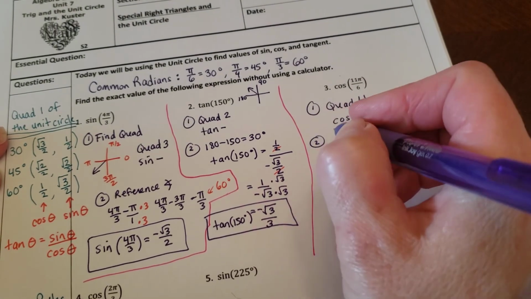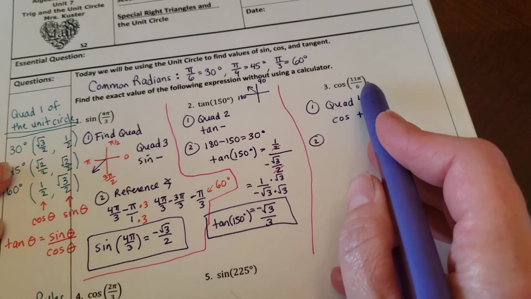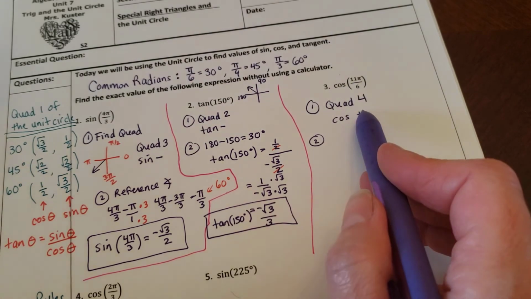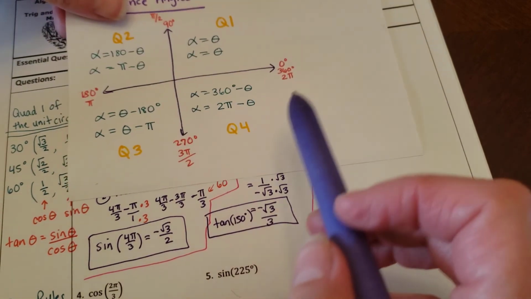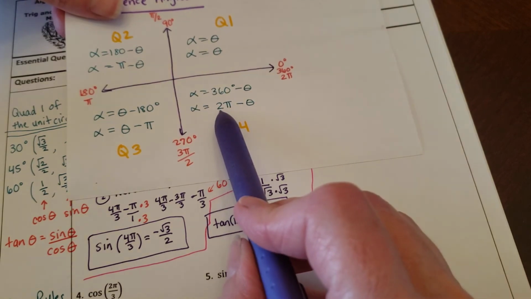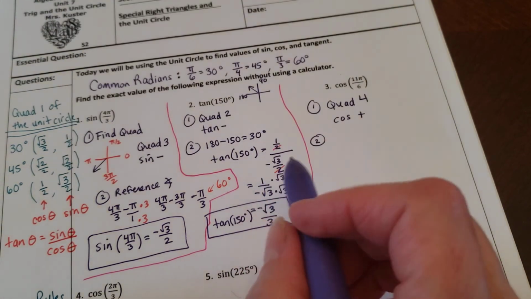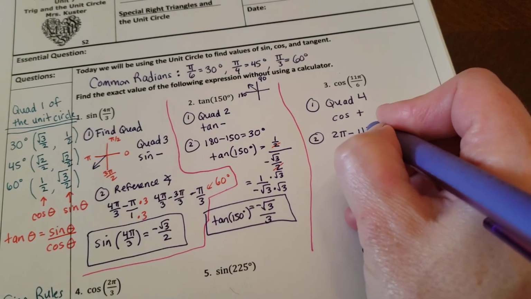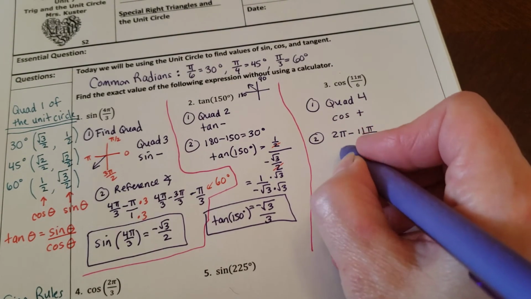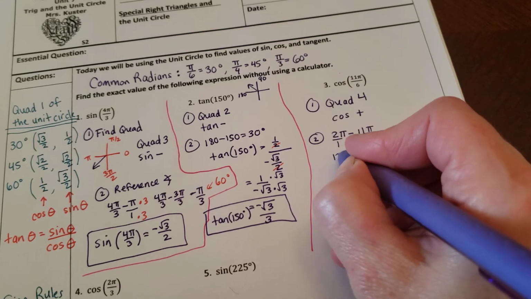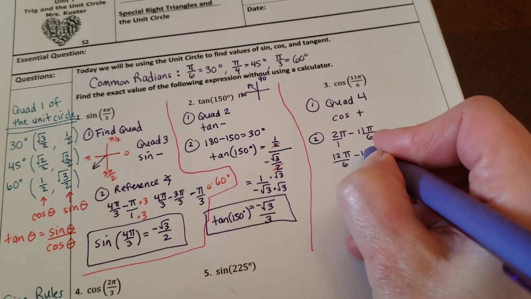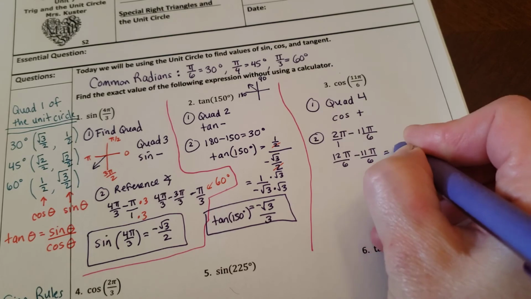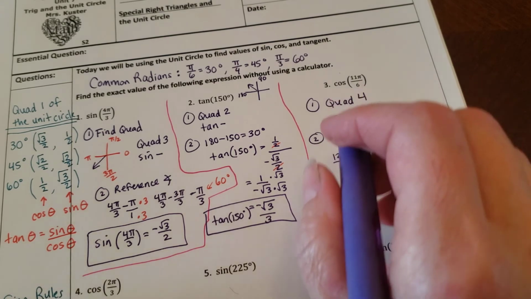I need to find my reference angle, so I'm going to take this 11 pi over 6, it's in quadrant 4. If I go back to my note card for reference angles, I'm going to do 2 pi minus theta. So I'm going to do 2 pi minus 11 pi over 6. Change this, right? Multiply by 6 top and bottom. You're going to end up with 12 pi over 6 minus 11 pi over 6, which is just pi over 6.